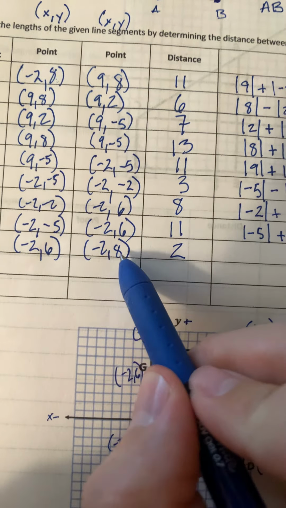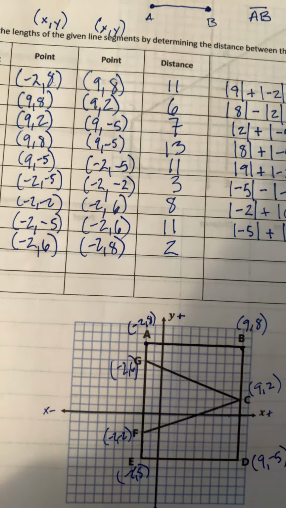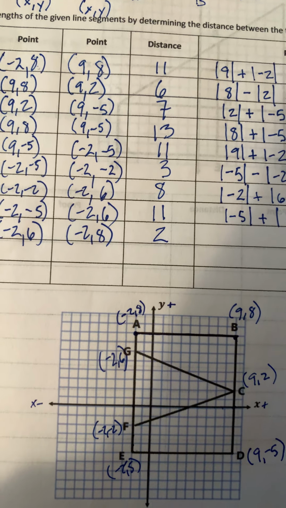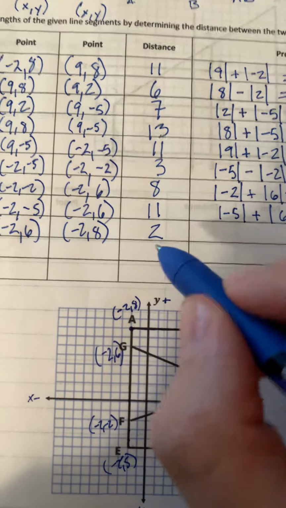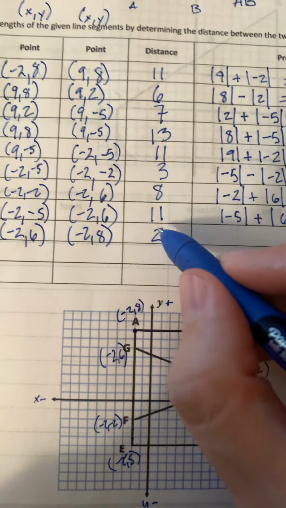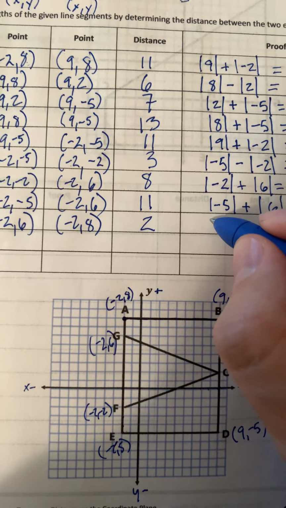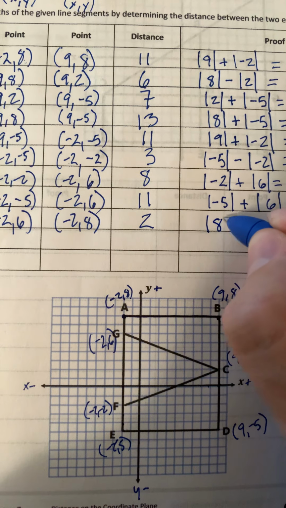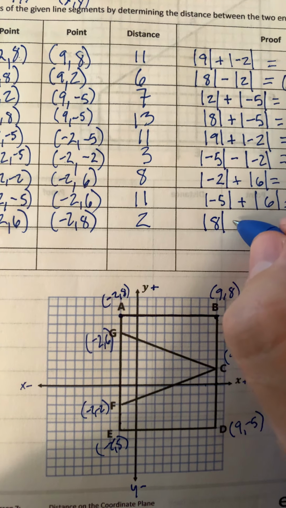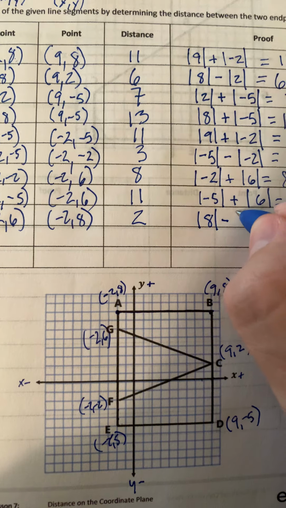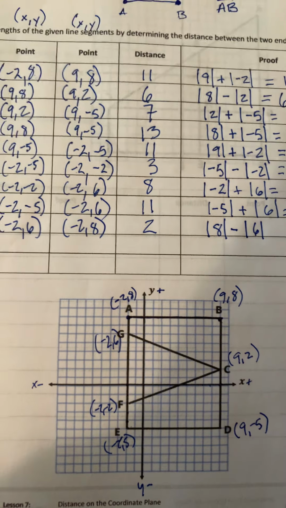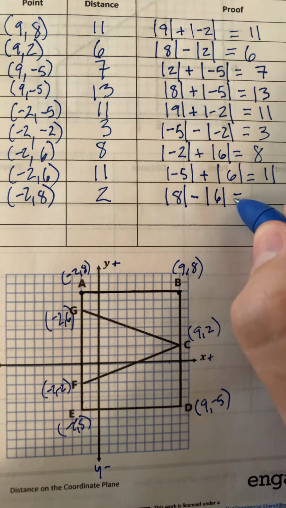The ones that change are the y's. All right, we've got to be careful with this one because we want it to show it ended up at +2. So with this particular problem, I'm going to put the 8 first, absolute value of 8 minus the absolute value of 6. Okay, that equals 2.